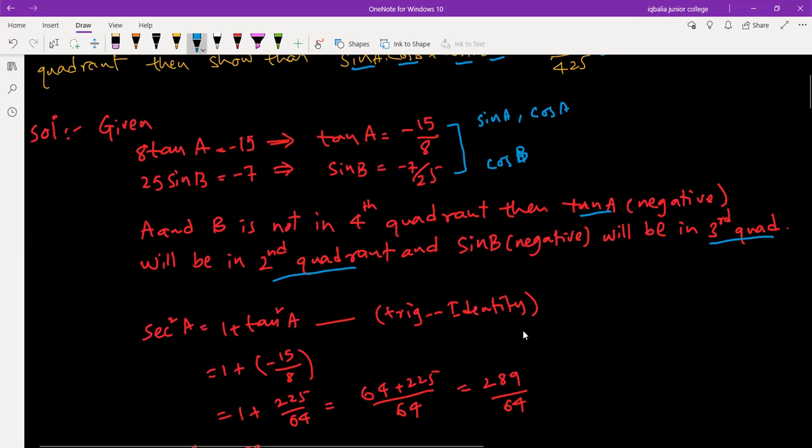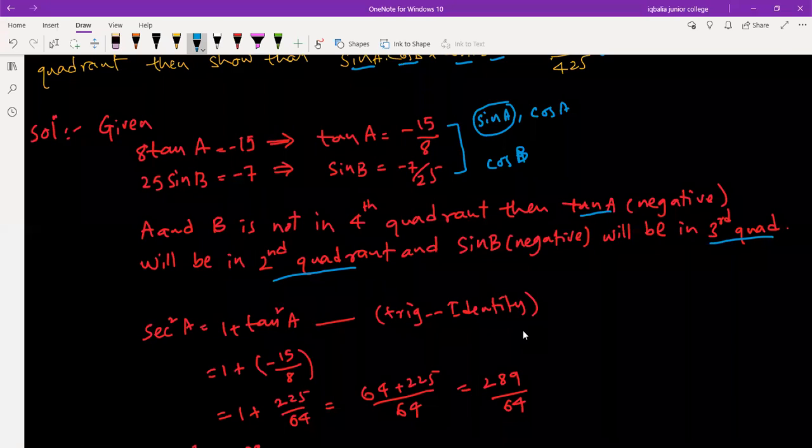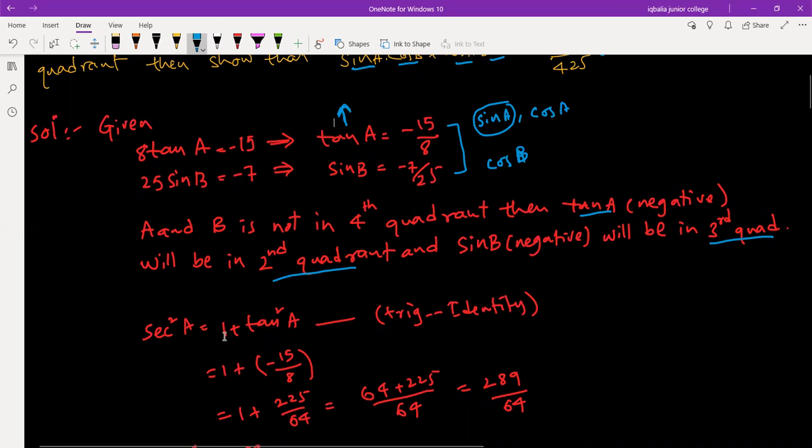Okay, so see here we have to know sin A first of all. Okay, so from tan A we have to find sin A. So here this is the formula, that is called trigonometry identity.